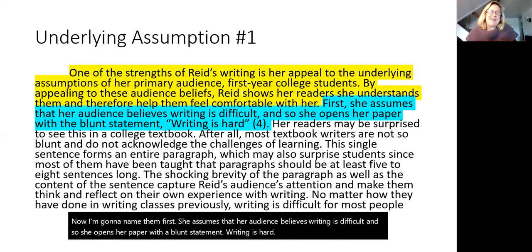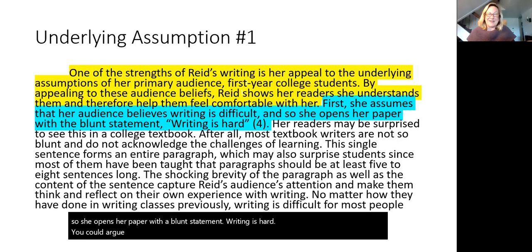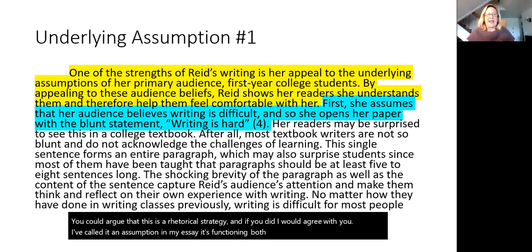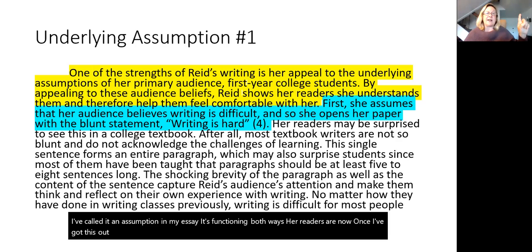You could argue that this is a rhetorical strategy, and if you did, I would agree with you. I've called it an assumption in my essay. It's functioning both ways. She assumes her audience believes writing is difficult. She appeals to them by stating, writing is hard.